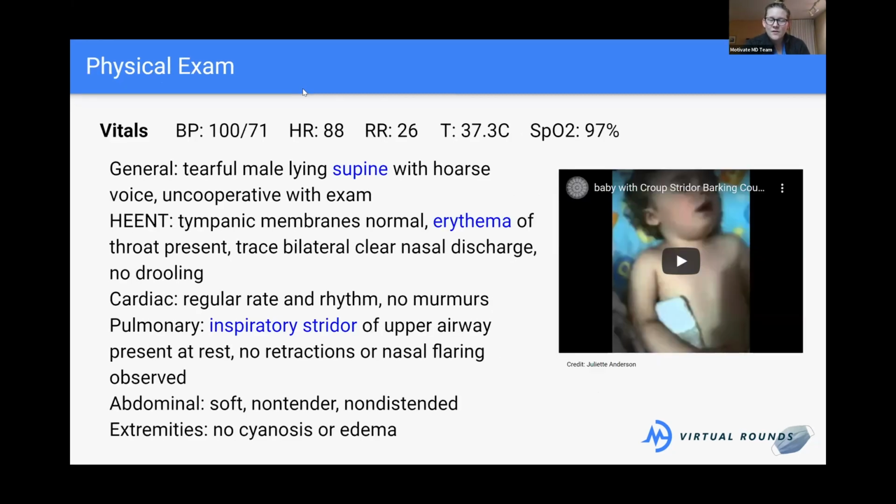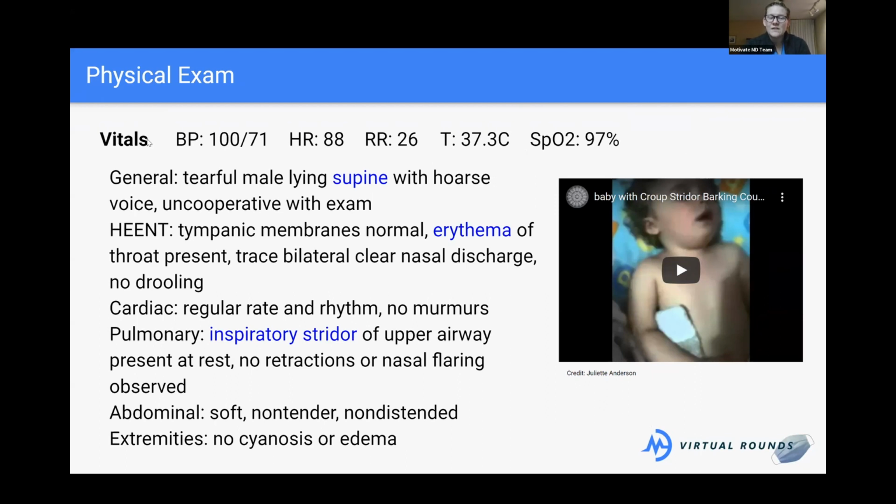Okay, so this is moving into the objective portion of the note. We always start with the vitals, and I just want to remind you guys that if you're familiar with the normal ranges for adult vitals, kids have a little bit different set of what's normal.